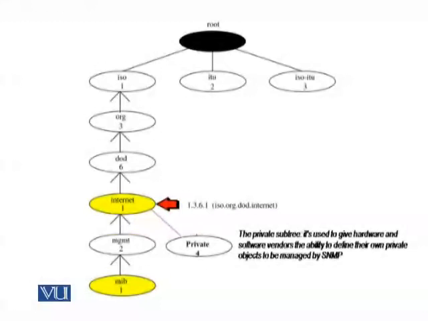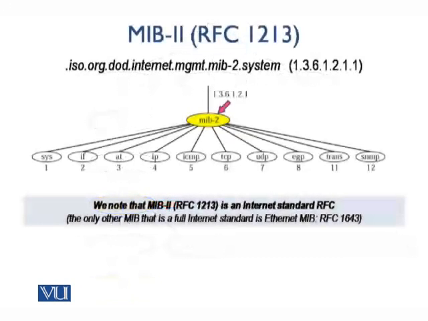Alternatively, as we refer to an object by a number, we can also refer to it by the longer name, something like iso.org.dod.internet.mgmt.mib2.sys. So this is a name-based description of the hierarchy, and you can also do the same via just numbers, a hierarchy of numbers.